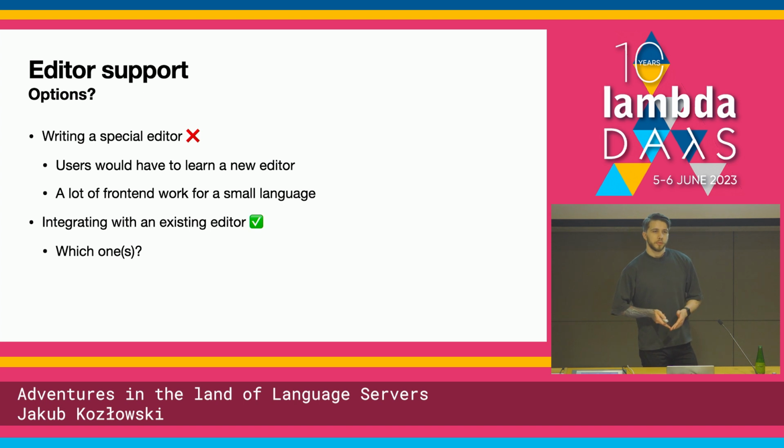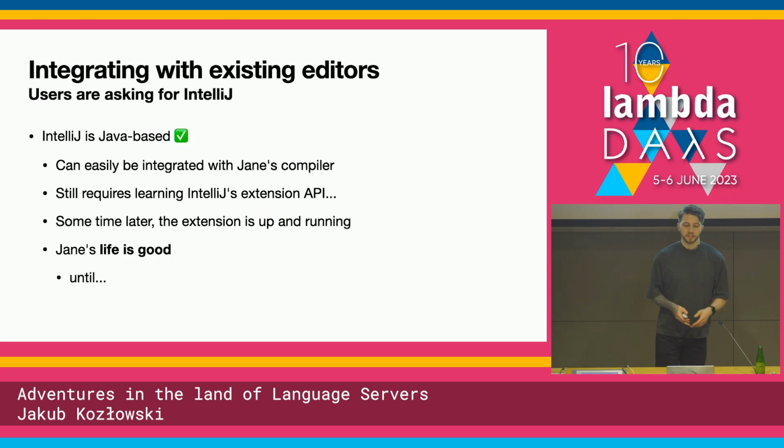But if you do decide to integrate with an existing editor, you have to choose which editors you want to support. And here we have a hint from the users. They are asking for IntelliJ support. I don't know what kind of application this is, like what app could embed a DSL in which the users also know IntelliJ, but let's just assume this is the case. So the good thing about IntelliJ is that it's based on Java, so it runs on the JVM.